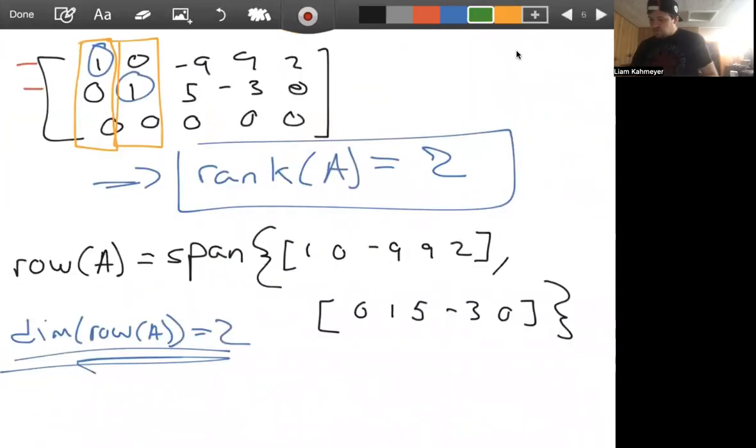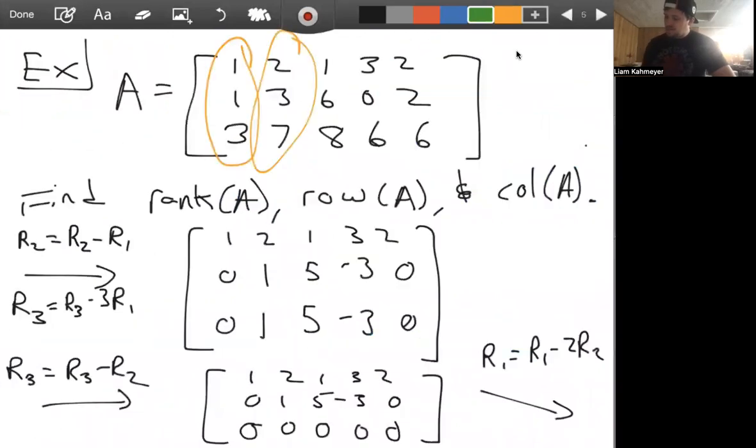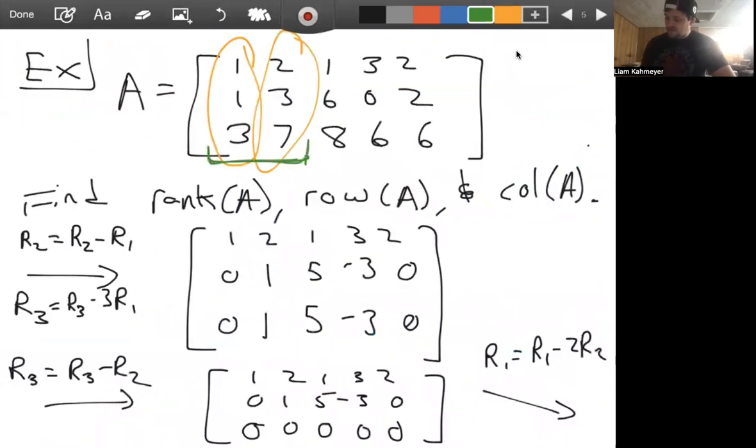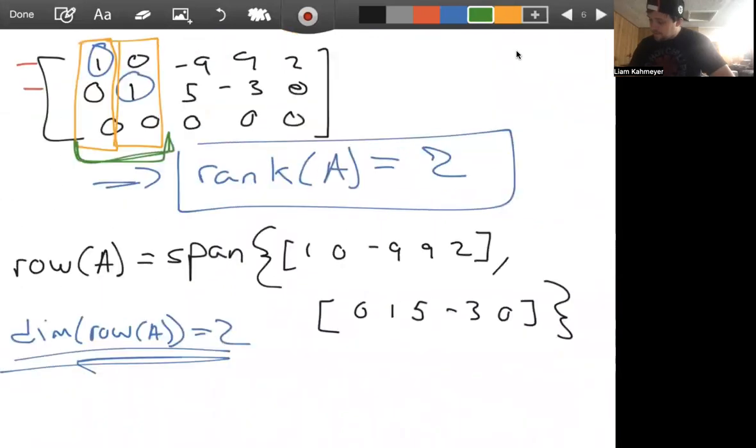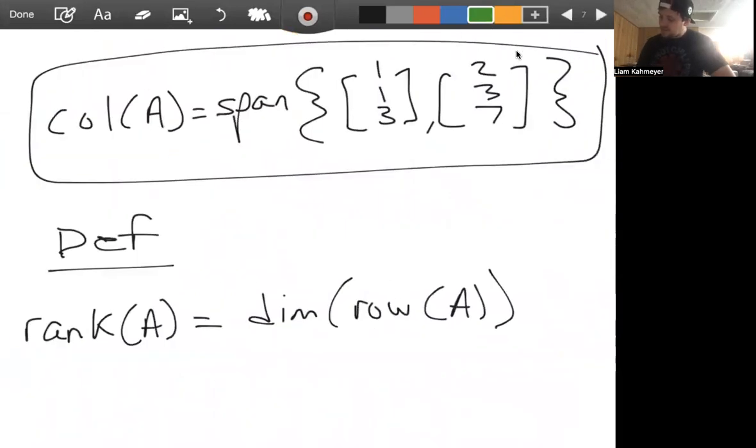But if you'll look, the number of pivot positions or pivots was also dictating the number of pivot columns, right? And so here we had 2 pivot columns, which led to 2 basis vectors, which led to the dimension of the column space in this example also being 2.